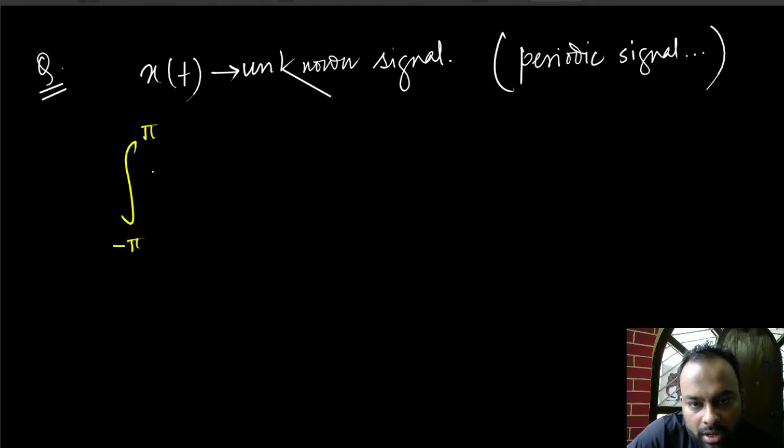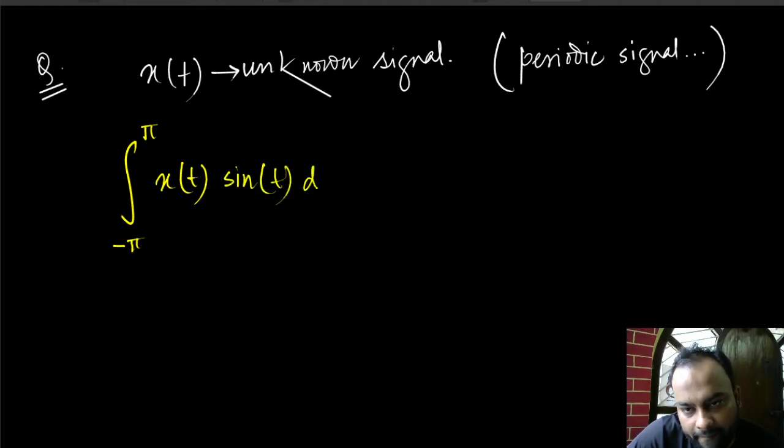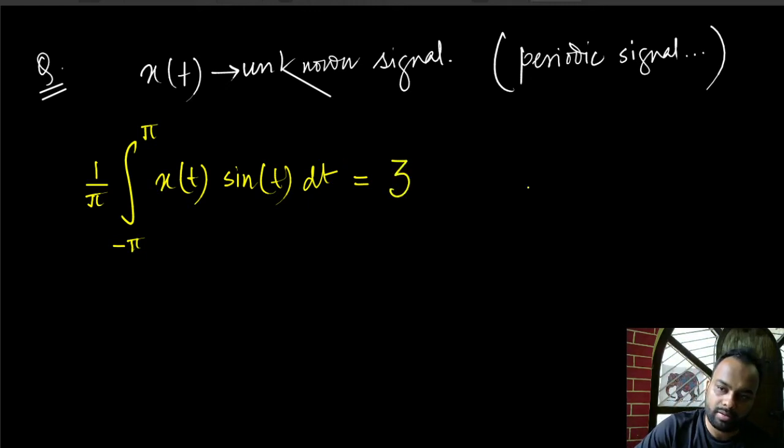I somehow can multiply xt with sin t, integrate it from minus pi to pi and divide it by pi, and somehow I figured out that the result is 3. If I tell you that, what can you tell me about the signal?